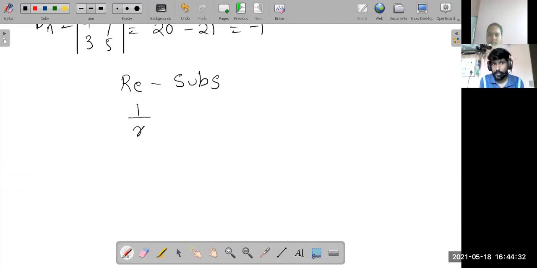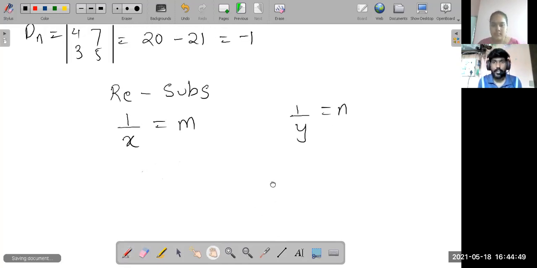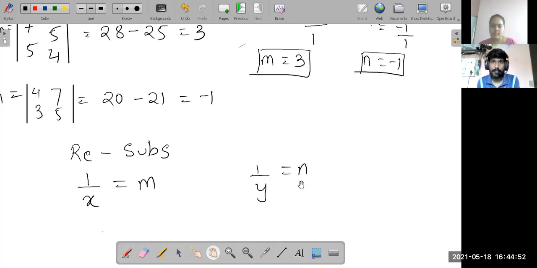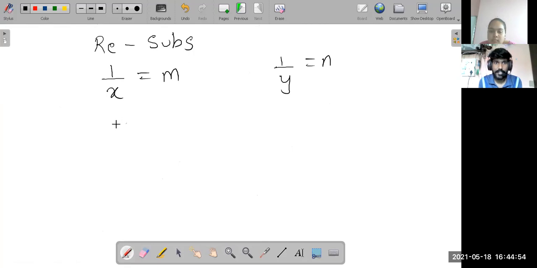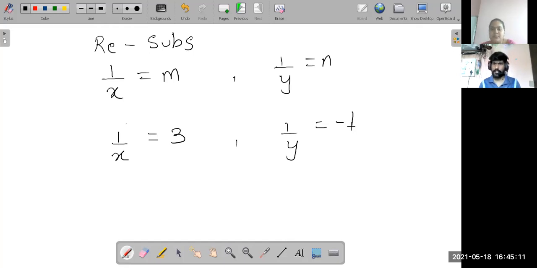You substituted 1 upon x as m, and 1 upon y as n. Now you put the values of m and n. M was 3, so in place of m substitute 3. So 1 upon x is equal to 3. And n you got minus 1, so 1 upon y is equal to minus 1. Is this step clear?